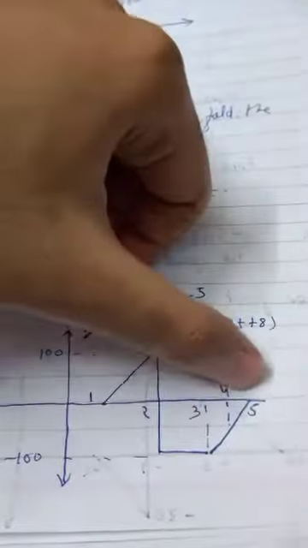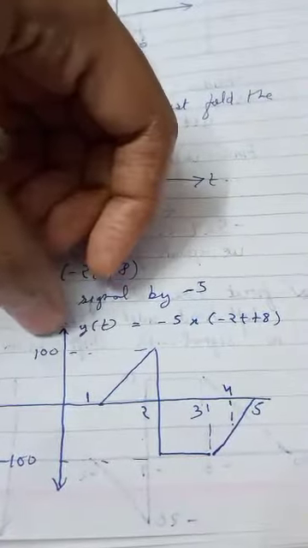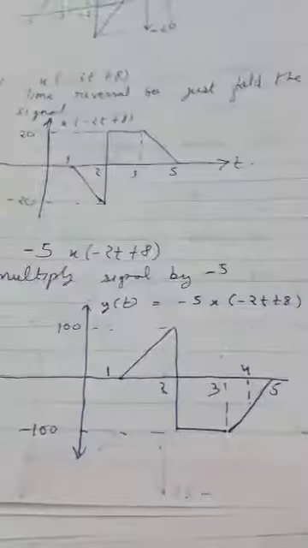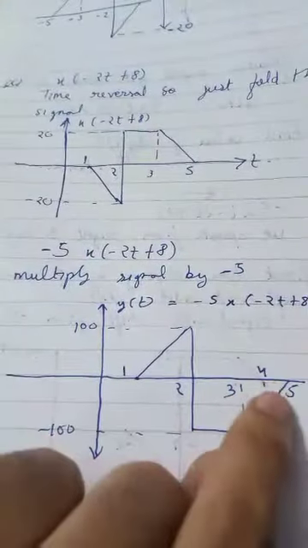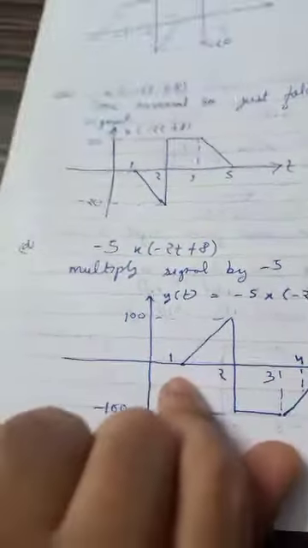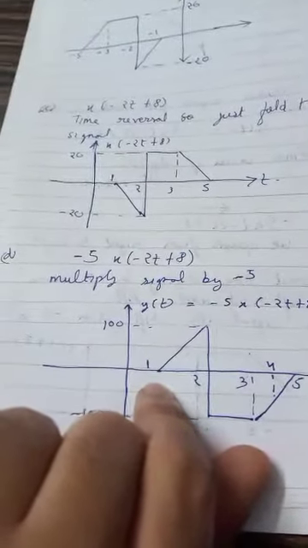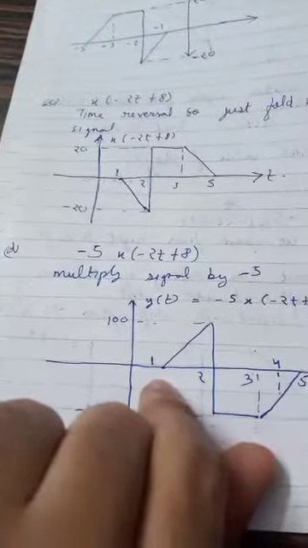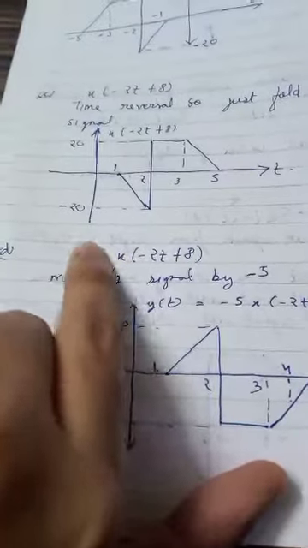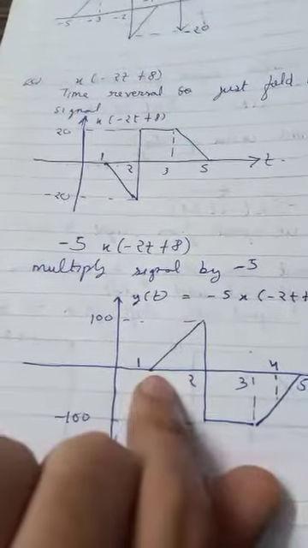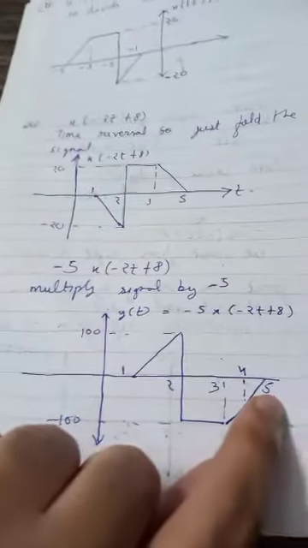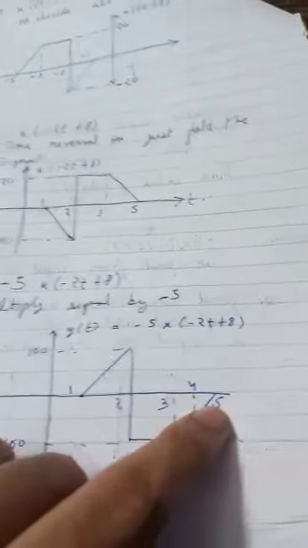This is the resultant signal from 100 to minus 100. There will be no change in the time values. When we do the time operation, there is no change in the magnitude values, and when we do the magnitude operation, there is no change in the time values. Kindly note this basic thing.